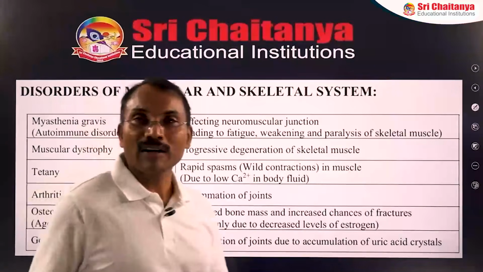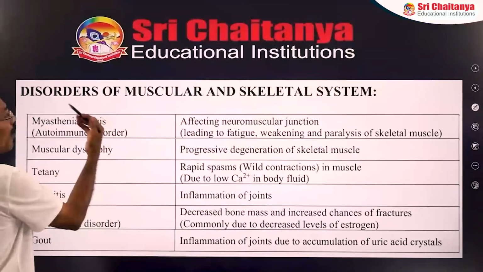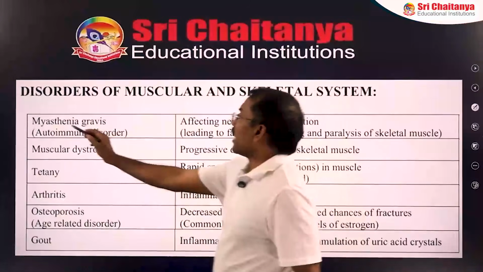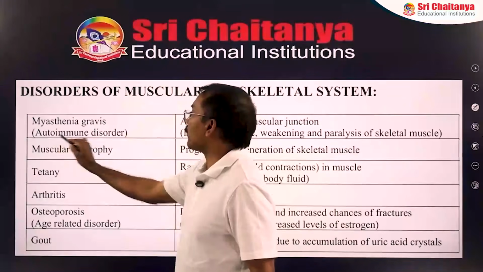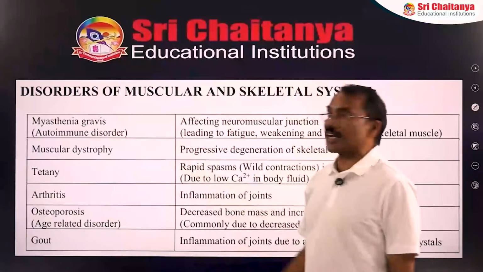The last topic is disorders of the muscular and skeletal system. What are the various common disorders in our musculoskeletal system? Myasthenia gravis is an example of an autoimmune disorder. What is myasthenia gravis?